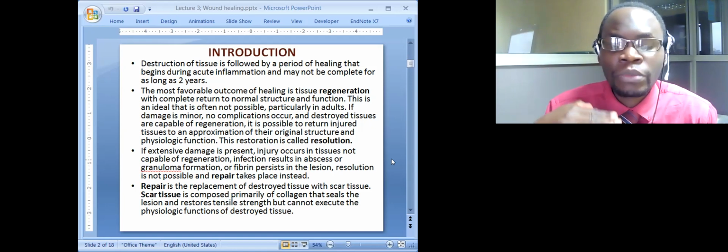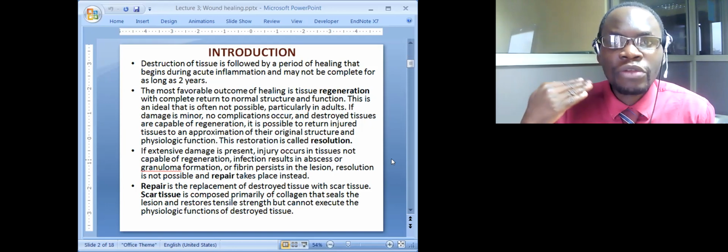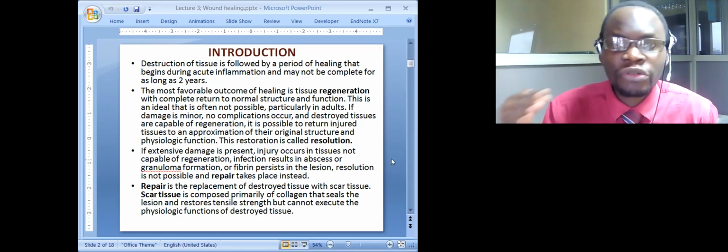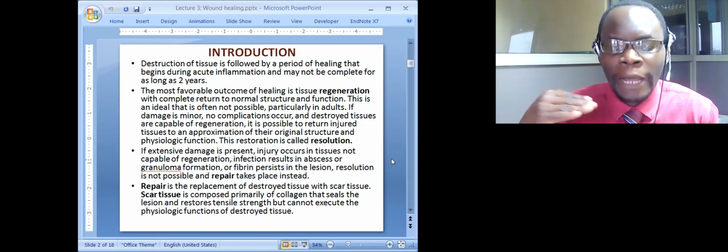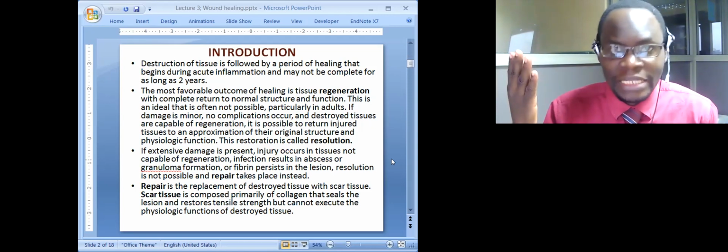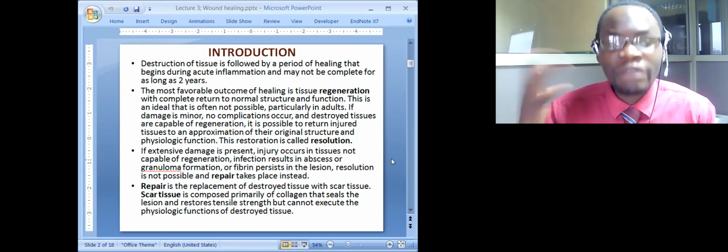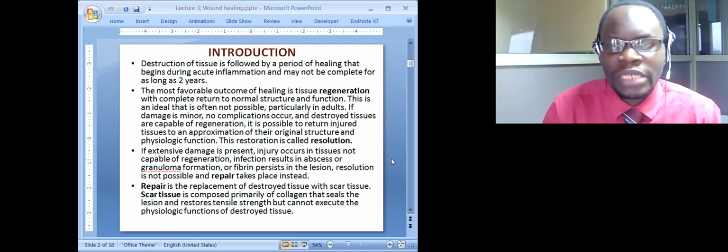In other words, you have injury, and then you have acute inflammation, but the final healing will not occur for up to about 2 years in some cases. However, in others it might be as simple as weeks or even months. So the process of wound healing varies.